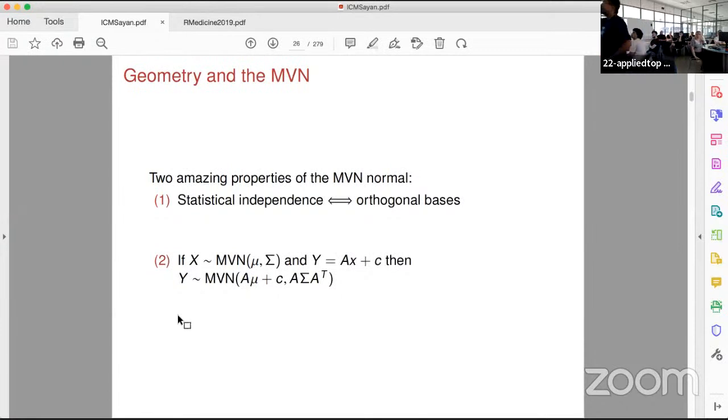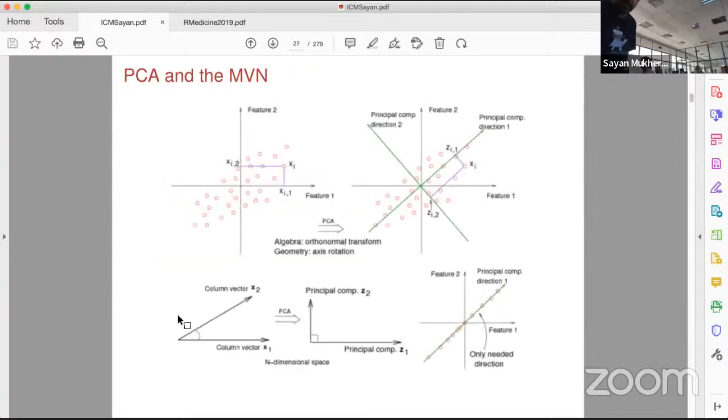The other thing is if you have a variable x and you push an affine transform through it, it's very easy to rewrite what that variable y is in the case of the normal. This is a tremendously useful operation if you want to write down an algorithm and do it. So this is what I'm showing.